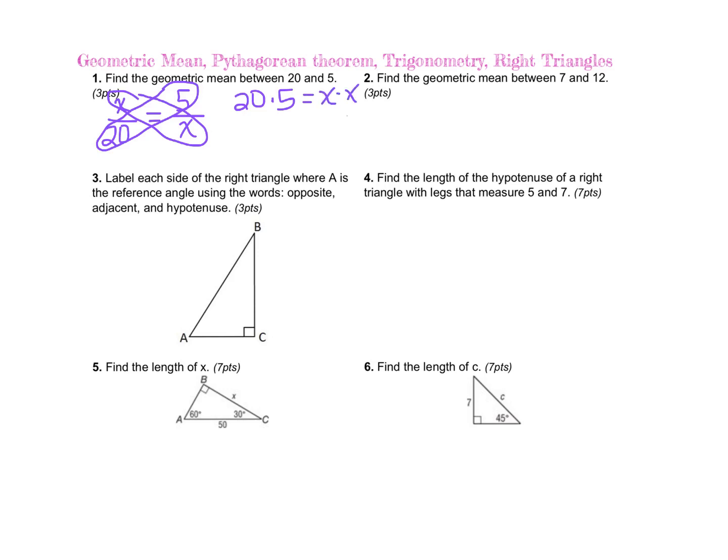Well, what is x times x? We can simplify that by making it x squared. And 20 times 5 is 100. So then if I were to solve for x, I would want to take the square root. So that gives me that x is equal to 10.